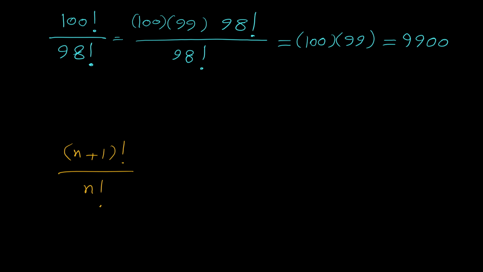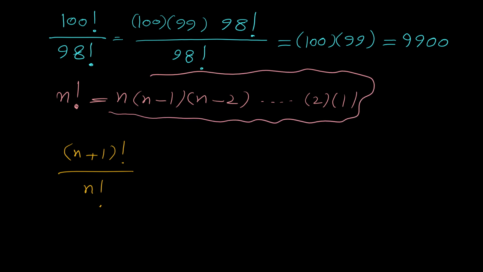Now look at the next example, which is very important. Let me remind you what the definition of n factorial is. n factorial is n times n minus 1 times n minus 2, and so on up to 1. What happens in this definition? When we start from n factorial, first we write n. Then in the next term we have n minus 1, same value but 1 unit less.